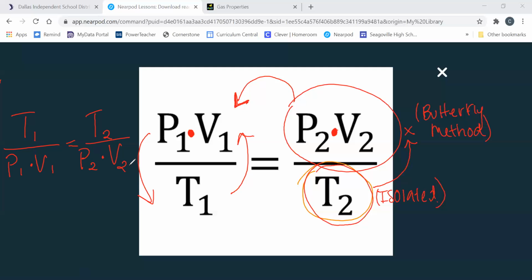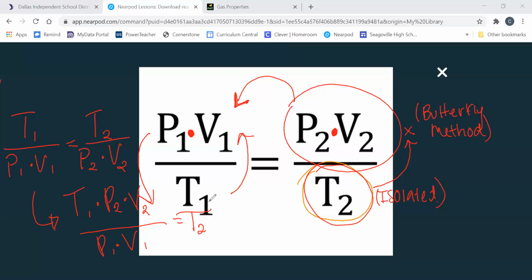So I can cross multiply. It's going to look like this: P1, V1. And then I have T by itself. Why do I want T by itself? Because we're solving for T. If you still don't know, these letters mean multiplication.